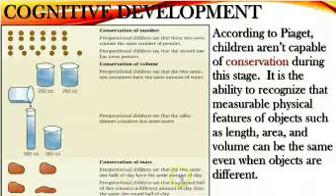Pre-operational children say that the two same size balls of clay have the same amount of clay. Pre-operational children say that a squashed ball of clay contains a different amount of clay than the round ball of clay, when it is the same amount, whether it is squashed or not. And conservation is a concept that's very difficult for younger children to understand.